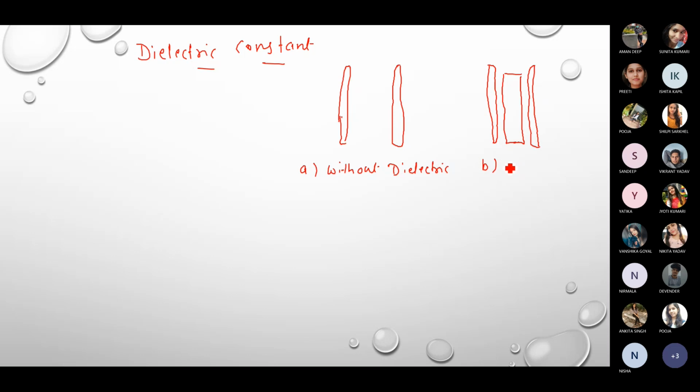So this is with dielectric material. So this has been observed by Faraday that, number one, if two capacitors are charged to the same potential, the charge on the one containing the dielectric is greater than that of the other, right?